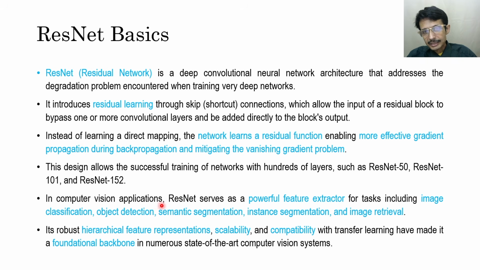And in computer vision applications, definitely, without the vanishing gradient problem, if we come up with this number of layers, it's a very powerful feature extractor for tasks including image classification, object detection, semantic segmentation, instance segmentation, image captioning, and so on.